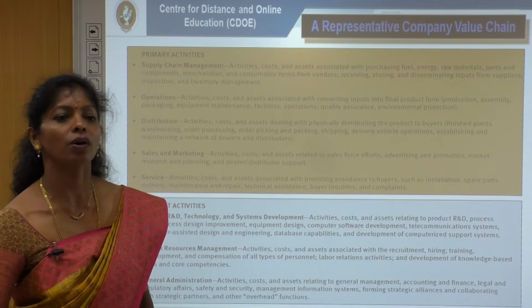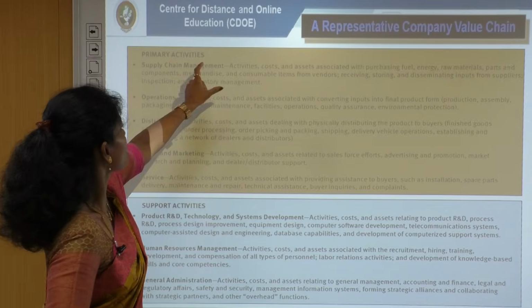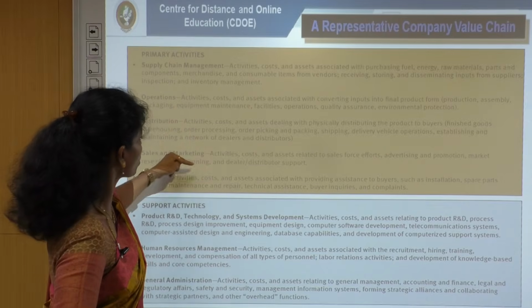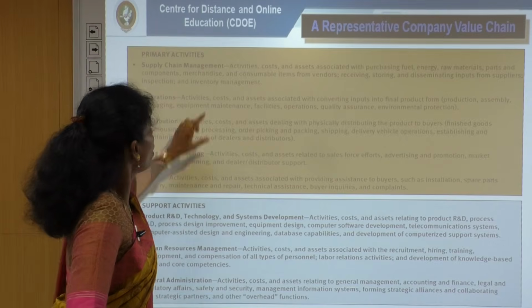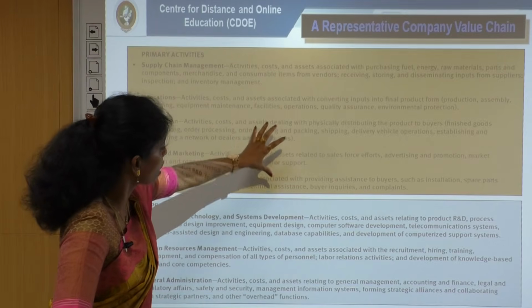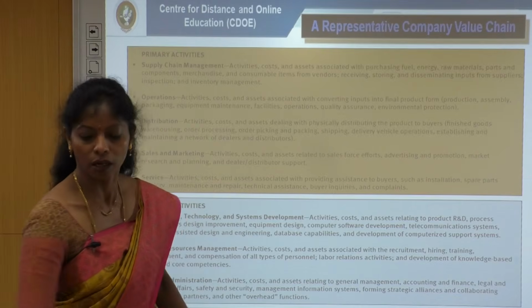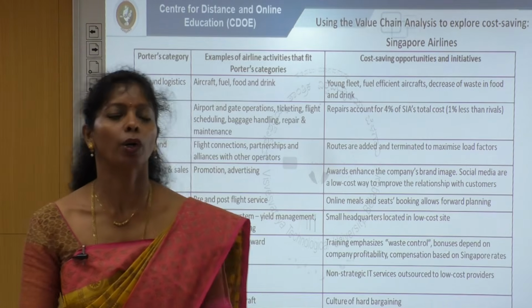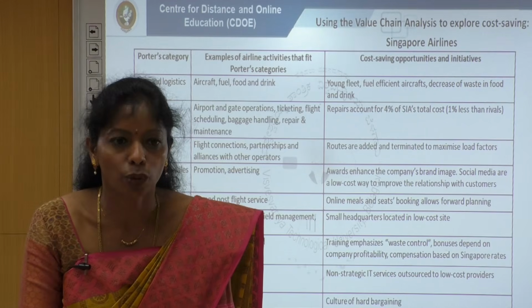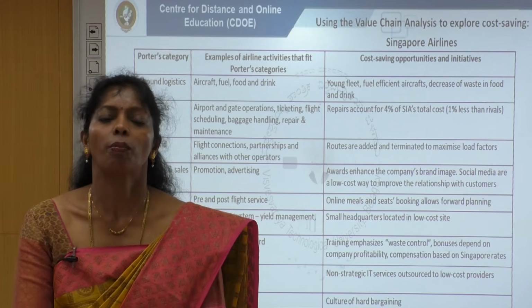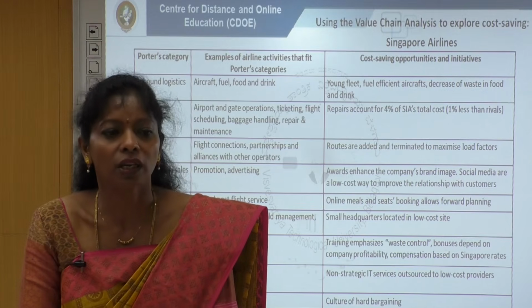Here we see the different activities associated with each component, what the primary activities are, and what activities are connected with each element. So in this slide we can see examples of airline activities and how cost saving opportunities and initiatives can be seen.